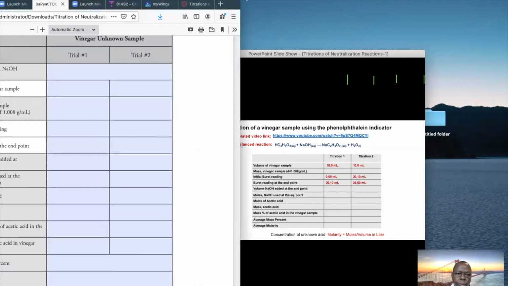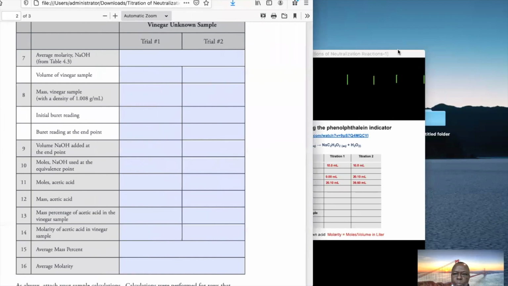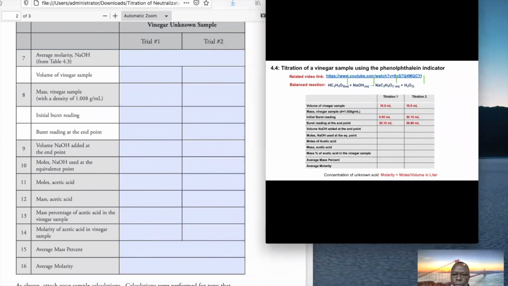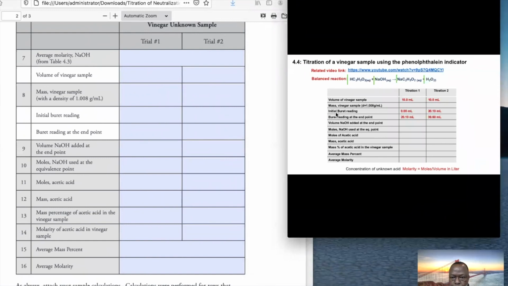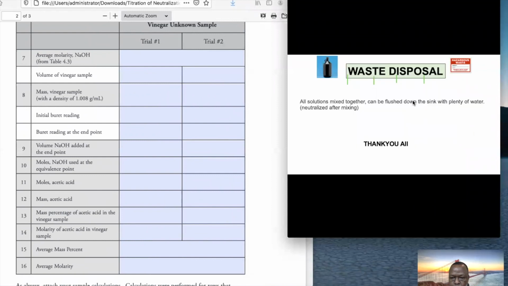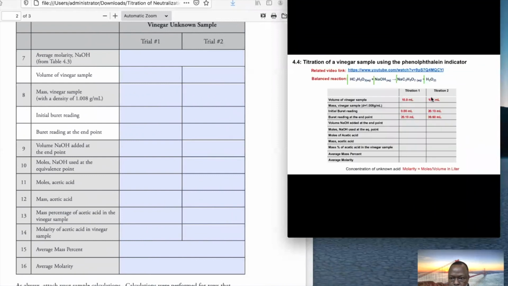If we know the volume of vinegar used, this is the volume right here, we use the density equation to find the mass. This is how you will arrive at line 8. This line 8 here, maybe red will work. Line 8 here, this is what we will do.